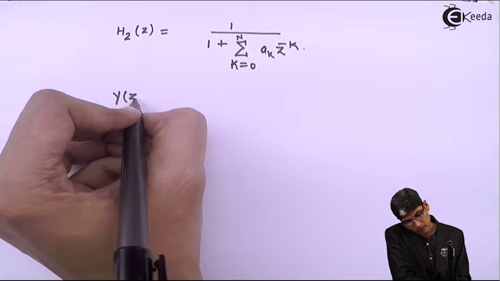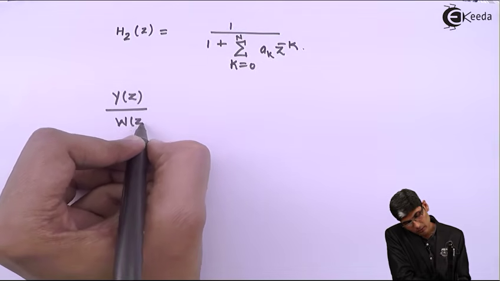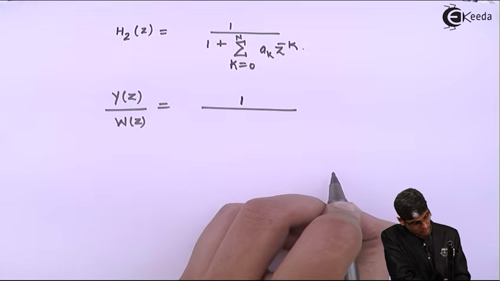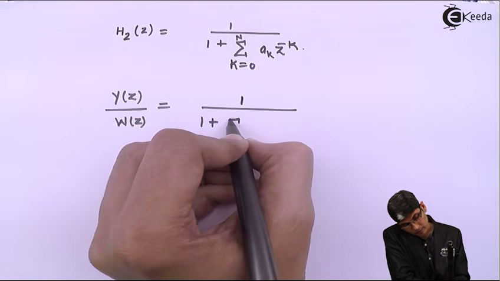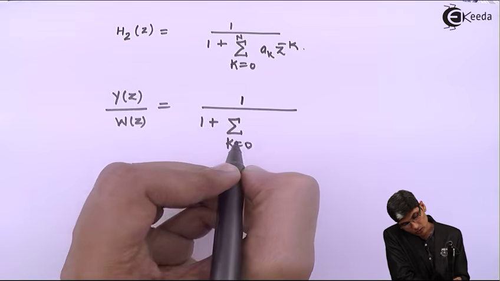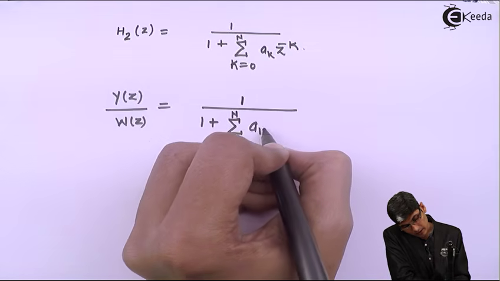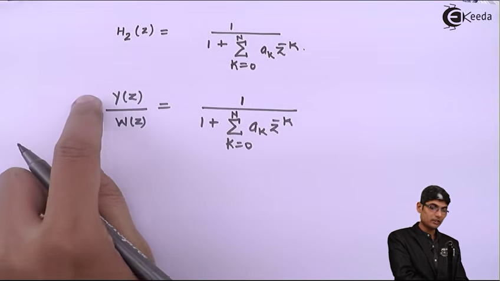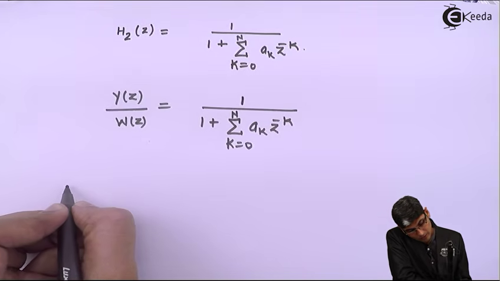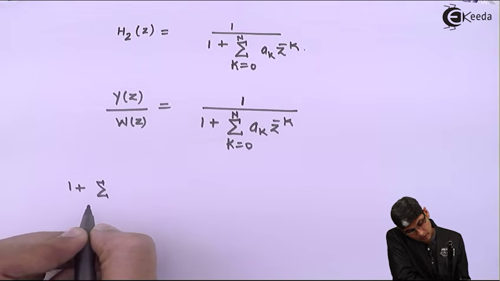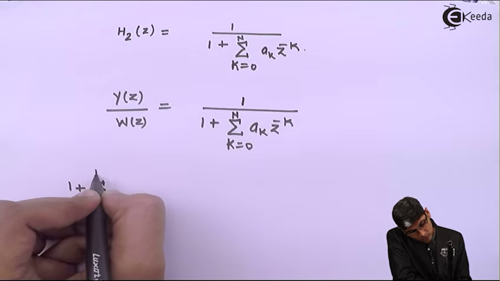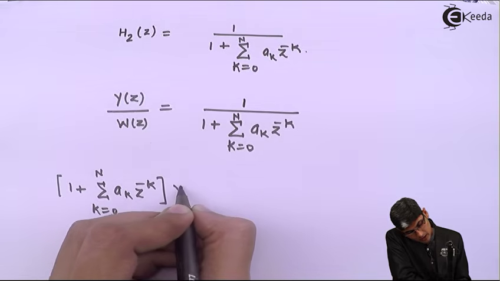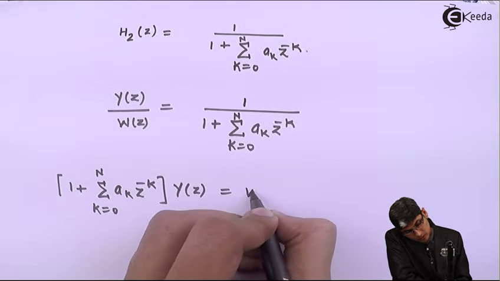So now my output is y of z, but the input to the system is w of z, which is equal to 1 upon 1 plus summation k is equal to 0 to n ak z raised to minus k, right. Now you need to cross multiply. You are going to get 1 plus summation k is equal to 0 to n ak z raised to minus k, the whole multiplied by y of z equals w of z.